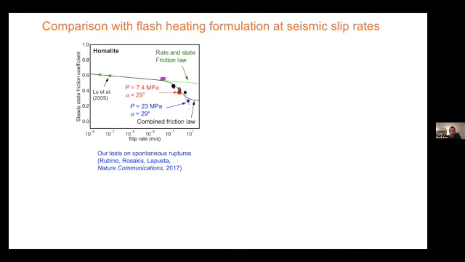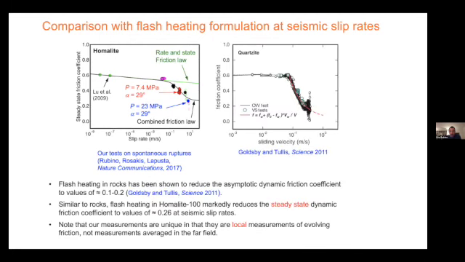A good observation is that if we compare measurements with those done independently by Goldsby and Tullis on quartzite, we can see that they are qualitatively similar, and they indicate that the same law is operating in both cases.